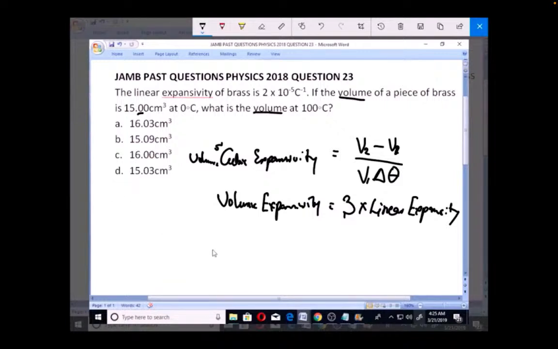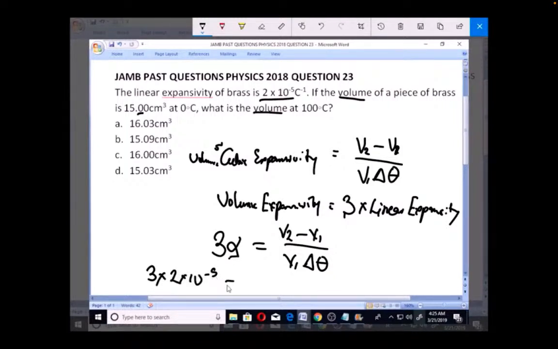So we are given the linear expansivity. We say 3 times the linear expansivity gives us the volume expansivity, and is equal to the final volume minus the initial volume all over the initial volume times change in temperature. With that, we can simply solve this because all these are already given. So I can say that this is equal to 3 times the linear expansivity, which is 2 times 10 to the power minus 5, equal to the final volume, which is what we are looking for, minus the initial volume, which we are given as 15 cm cube.